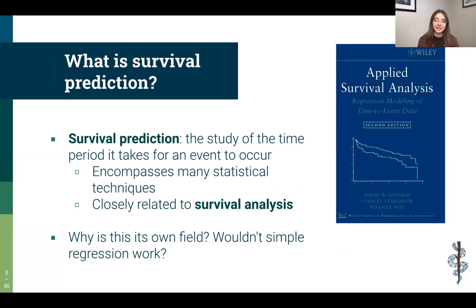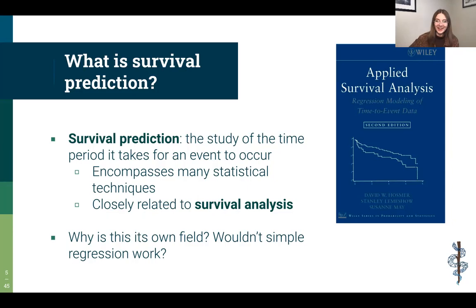This is closely related to the field of survival analysis, although survival analysis, as defined by Dr. Greiner in the previous paper, tends to focus a little bit more on the features that are maybe important to predict survival, trying to dig into why the models make the decisions that they make, whereas survival prediction as a task is very concerned with the actual outcome, the actual prediction of either the time until an event happens or whether an event will happen in a specific time period, etc.